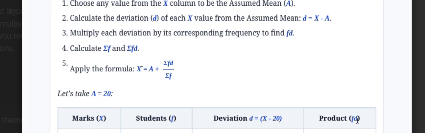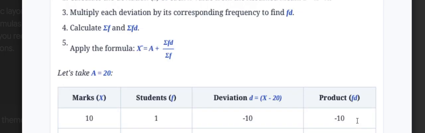The fourth is the total number of students, that is frequency, so you calculate sigma f, and along with that you calculate the product fd, sigma fd also. After this, apply the formula: mean is equal to assumed mean plus sigma fd upon sigma f.